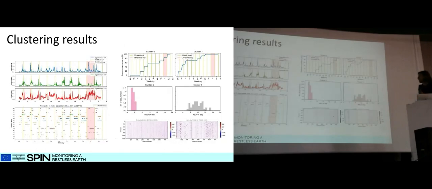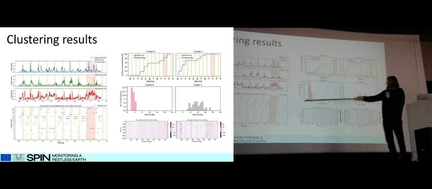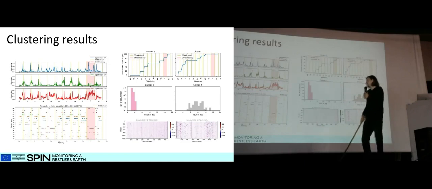Here are some of my results. In the bottom plot, you can see which cluster each time window was assigned to, and there's really a structure in the data that is mostly due to day and night variations, but also inside the day.